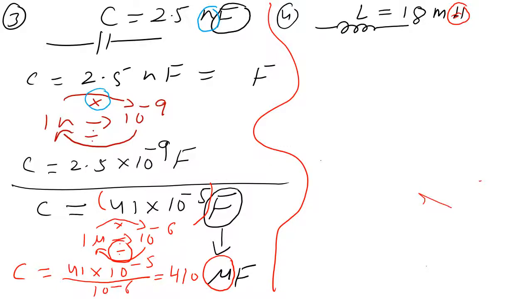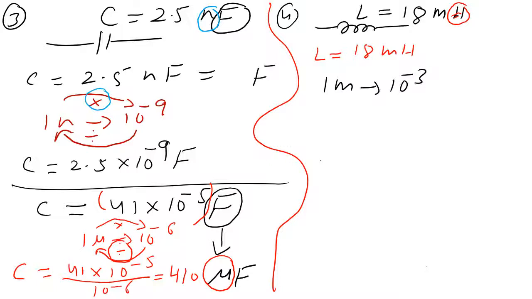So here the value of the L is given, 18 millihenry, and we know the relation for the milli. 1 milli is equal to 10 to the power minus 3.